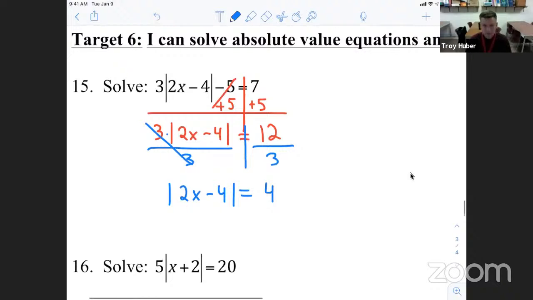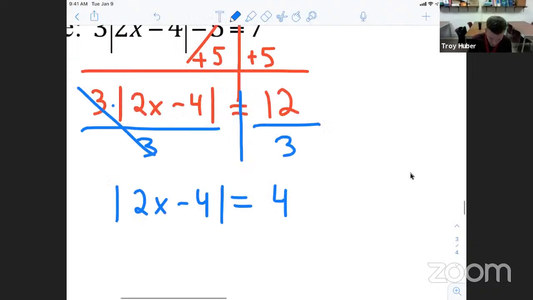All right, now with absolute values, you're going to have 2 answers. Okay, because this could be a positive 4, or it could also be equal to a negative 4, because when you take the absolute value of -4, it's equal to positive 4.